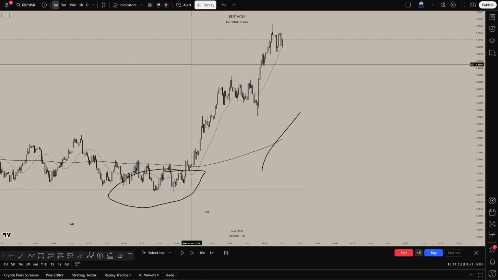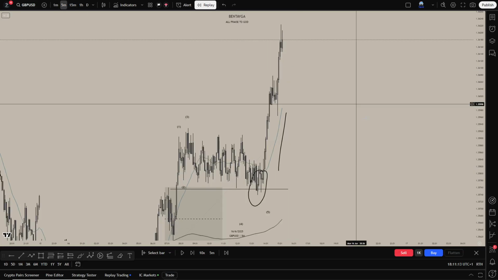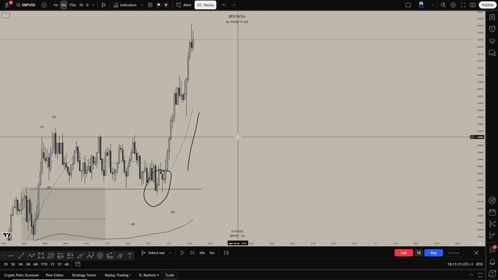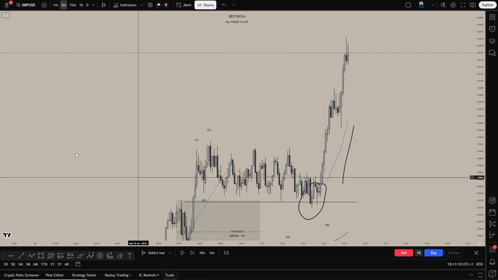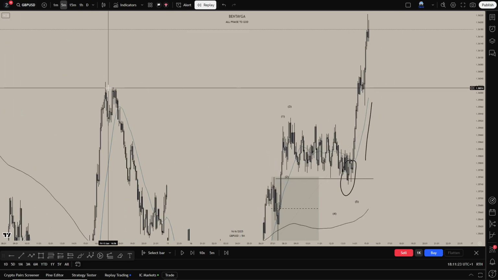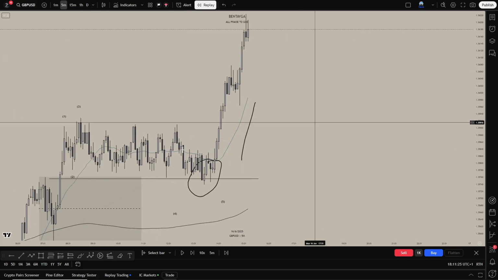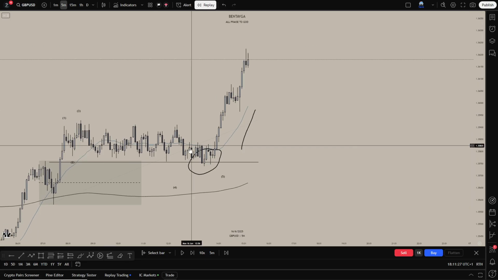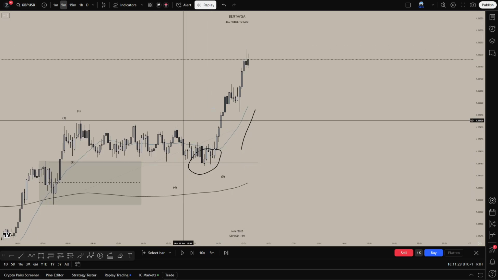You see that? But yeah, again, I don't make the rules. These are just things that happen over and over and over again. So that could potentially be a trade from the 50% to take you higher, quick 1-to-1.